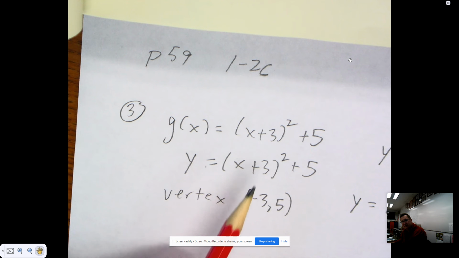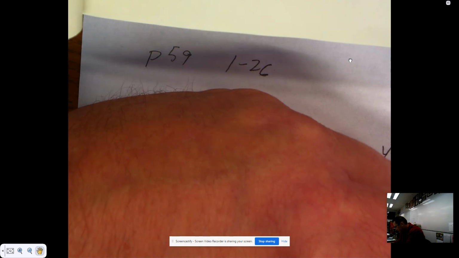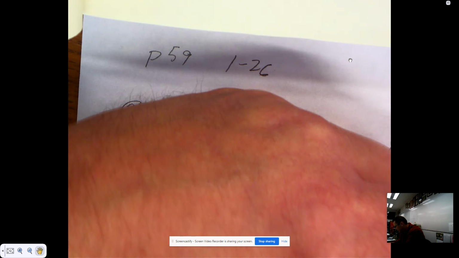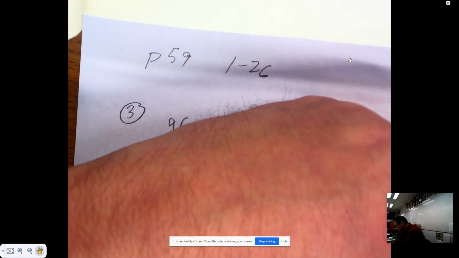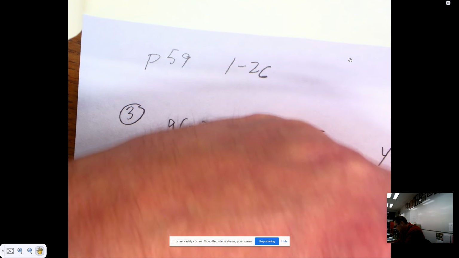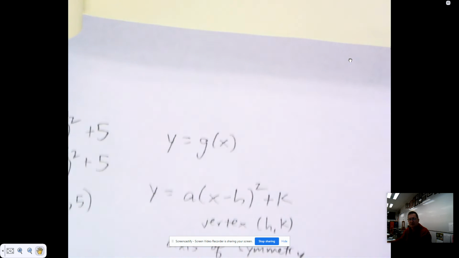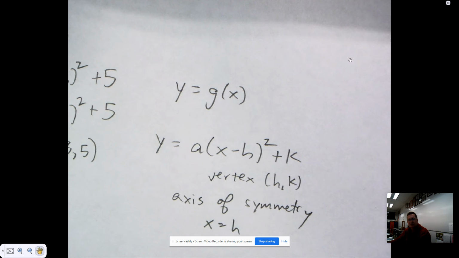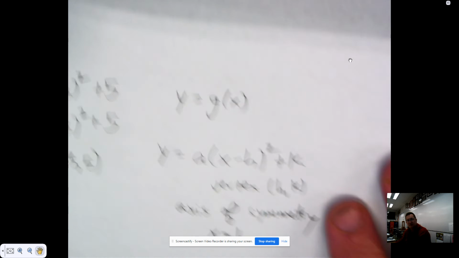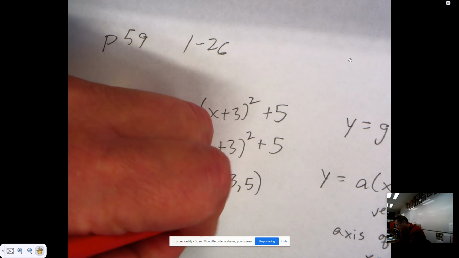That means h is -3 and k is 5. The axis of symmetry is always, always, always x equals h. If you know the x coordinate of the vertex, then you know the axis of symmetry. In our case, the axis of symmetry is x equals -3.